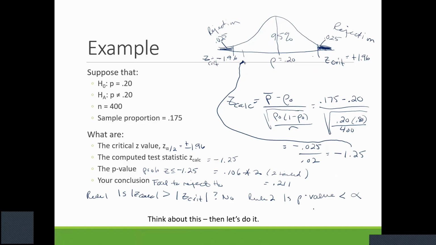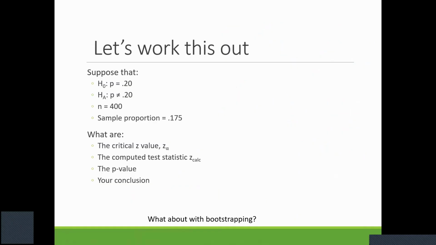And again, the answer is no, it's not, because 0.211 is definitely not less than 0.05. So the chance that we are wrong if we reject the null is a little bit over 20%. Alpha means we're only willing to tolerate 5%. So we're way over that. So we did all of that.